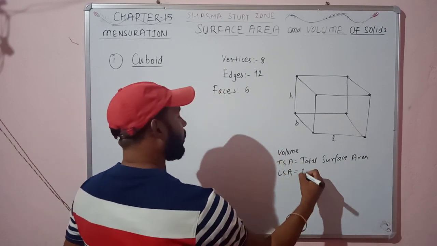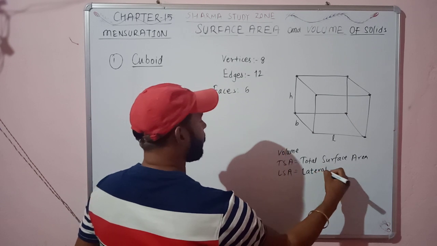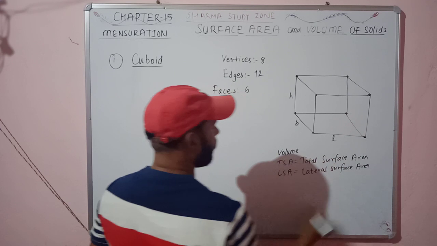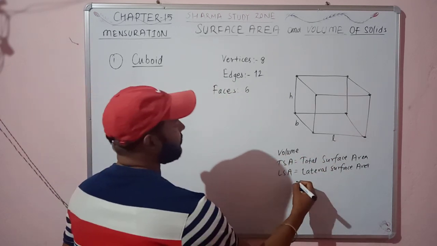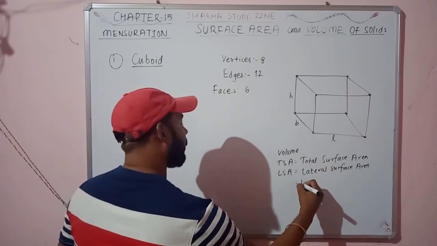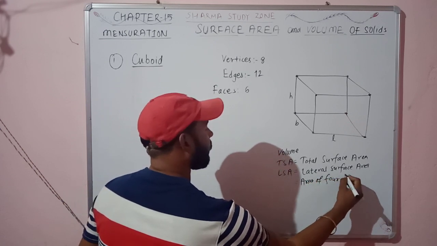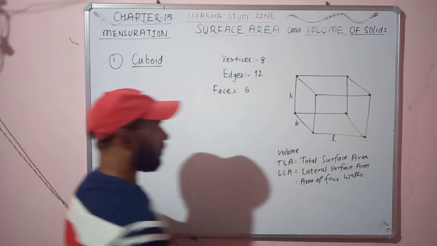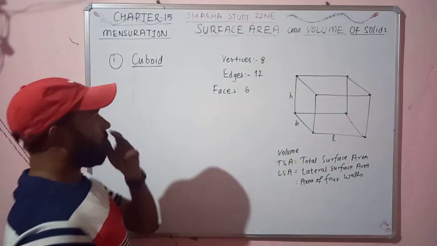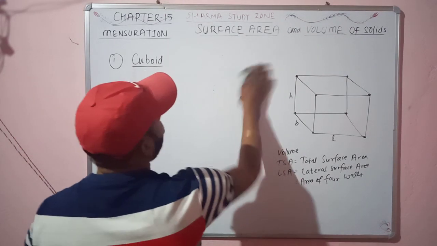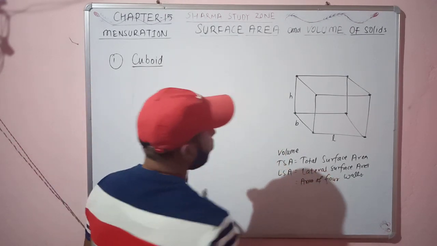LSA stands for lateral surface area. Sometimes it is called the area of 4 walls. So firstly we will try to find the formula for the volume.